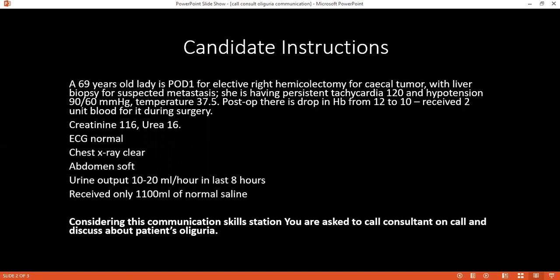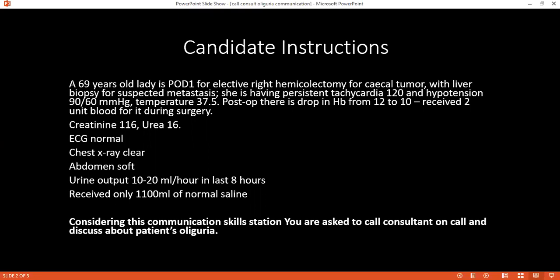Okay. This 90-year-old woman underwent an elective hemicolectomy for a colonic tumor, and she also had a liver biopsy. Now the patient is oliguric with urine output about 10 to 20 ml per hour, and she is cardiac and hypertensive.